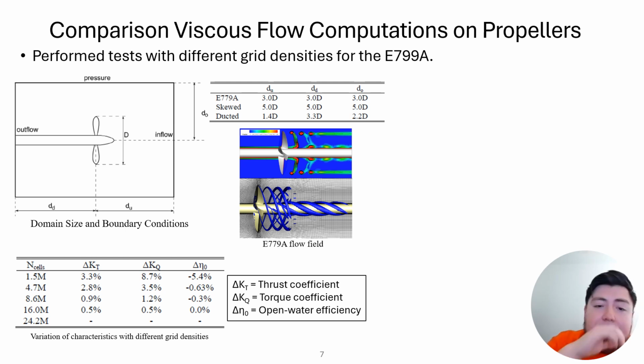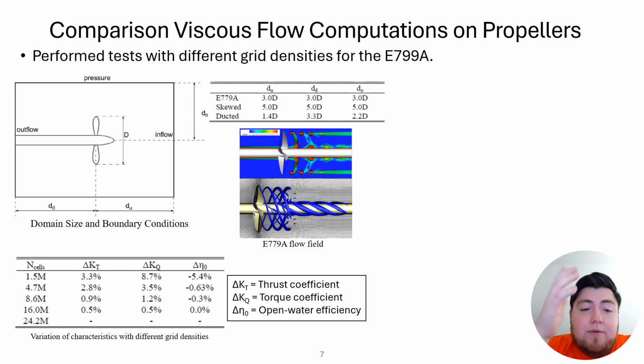They performed different tests with different grid densities, so they could see which parameter would be the best. And as you could have told, the higher the number of cells, the lower the error.